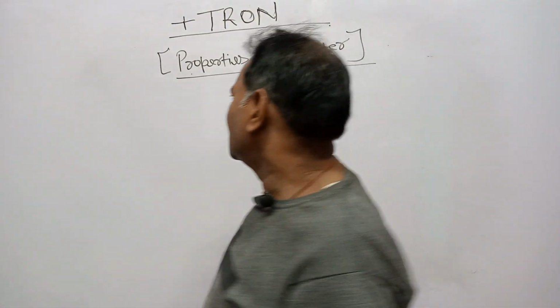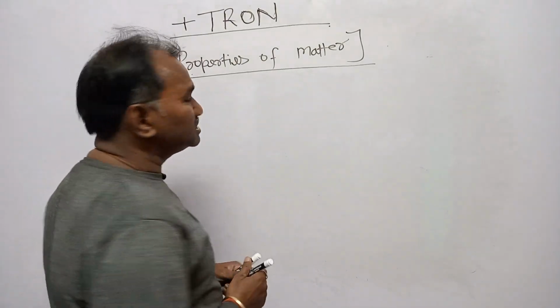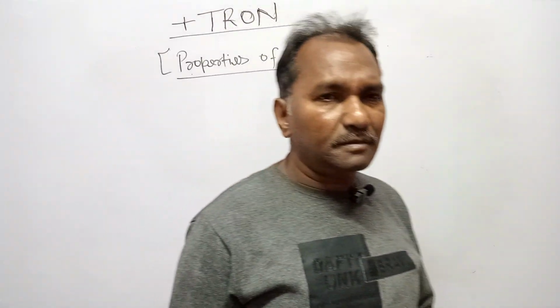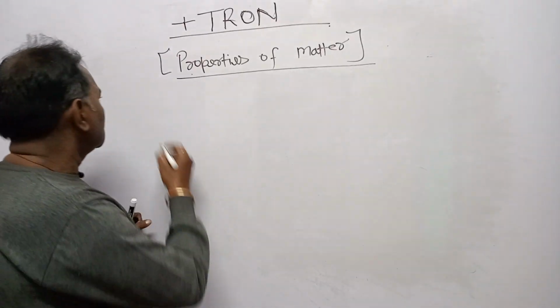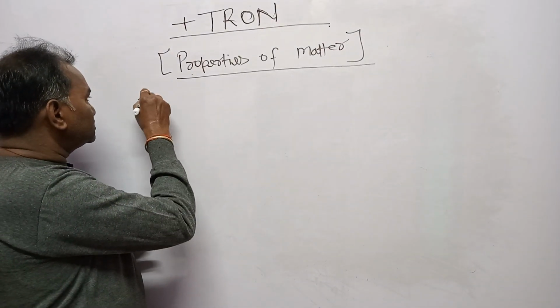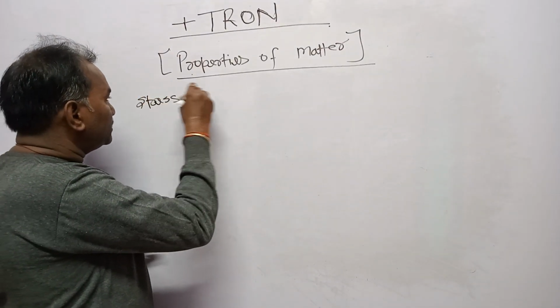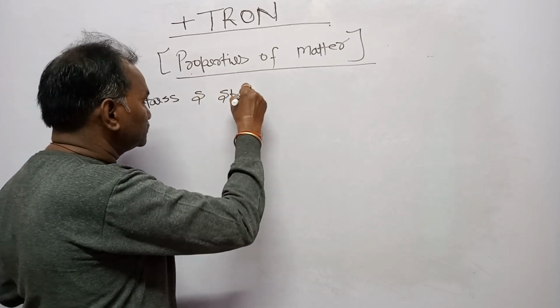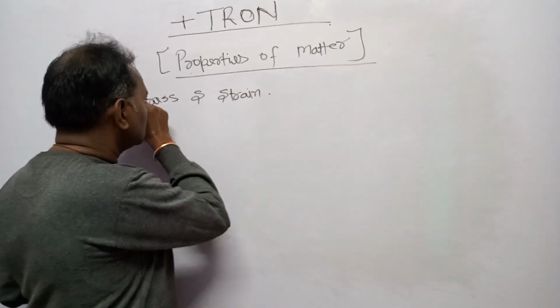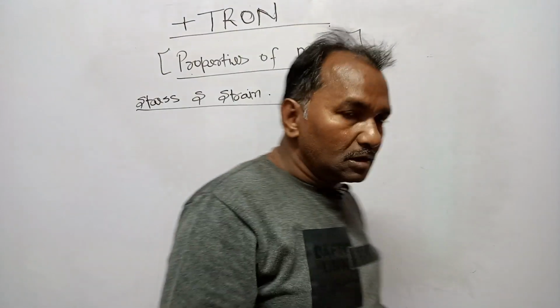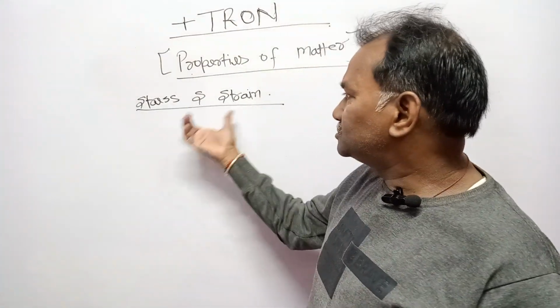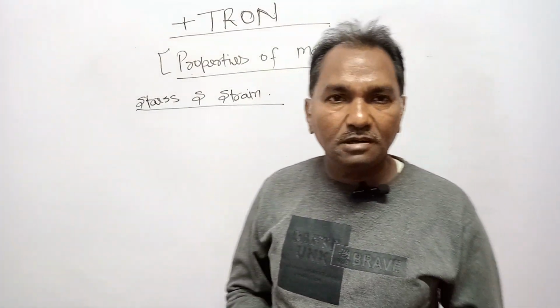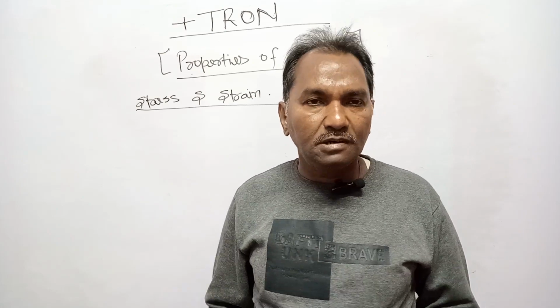Dear students, some words you will study in this chapter on the properties of matter are stress and strain. These two parameters you will come across a number of times.